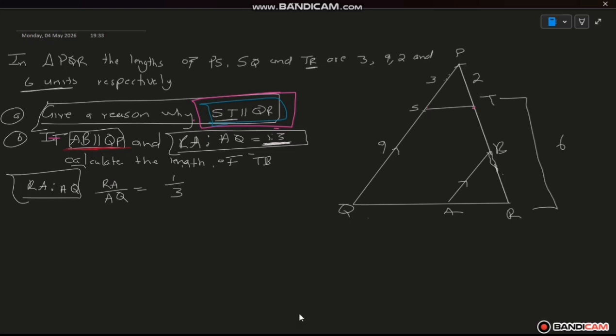That ratio of 1 and 3 can be written as 1 over 3. And you can see that AQ is 3K, because that is the ratio, not just the length. Then AR is 1K, because those are not the actual lengths of AQ and AR.